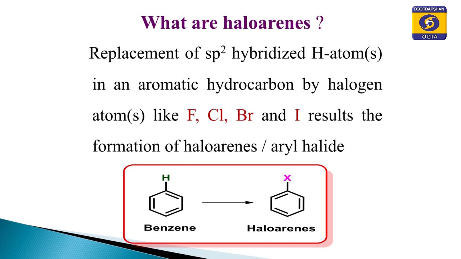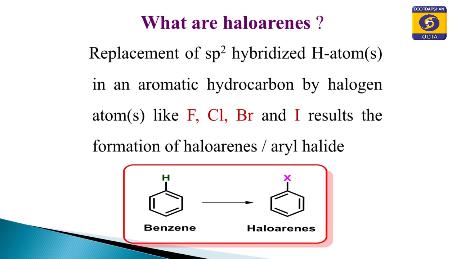Therefore, the definition of haloarene is this: replacement of an sp2 hybridized hydrogen atom in an aromatic hydrocarbon by halogen atoms like fluorine, chlorine, bromine or iodine results in the formation of the corresponding haloarenes.